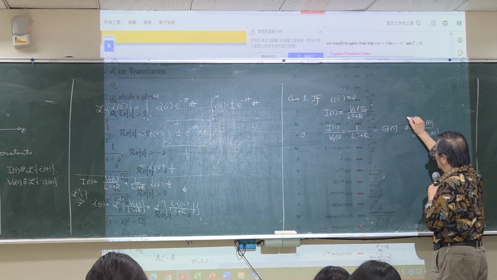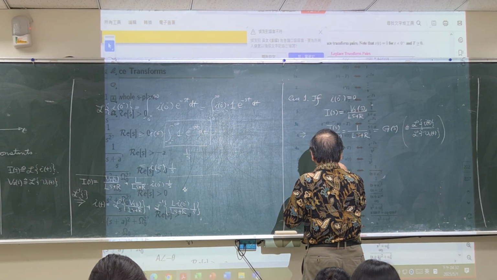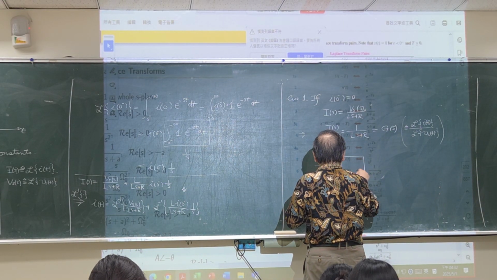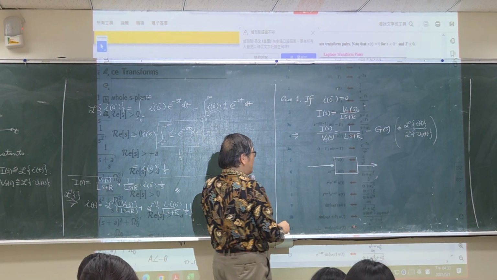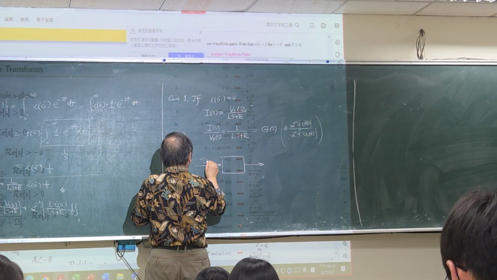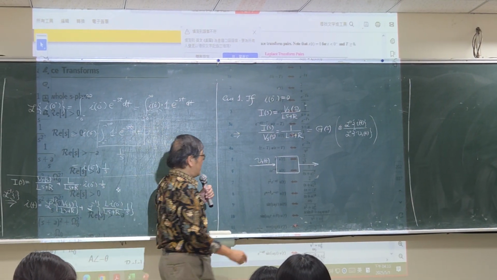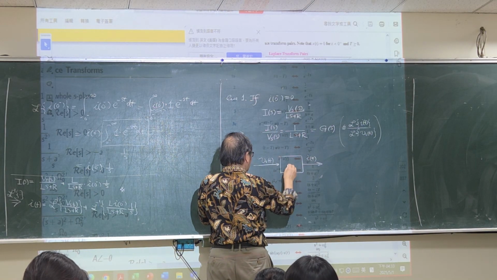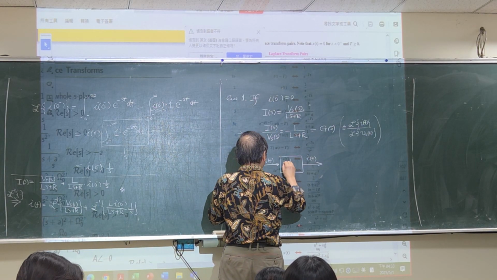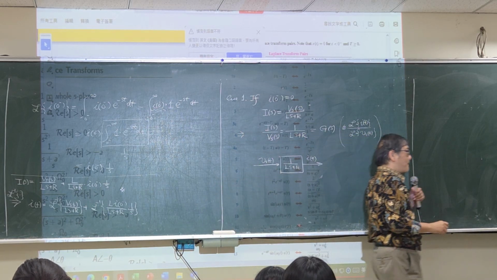Okay, by definition. So what we have is a very simple block diagram to represent the system. The input now is the voltage source, Vs. The output is the current on the circuit. And the transfer function is simply 1 over Ls plus R.